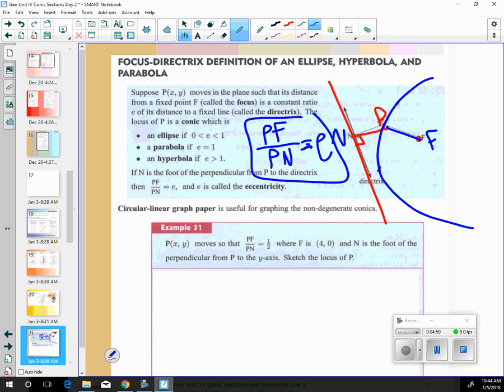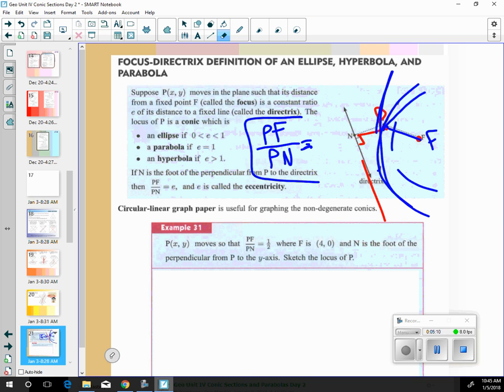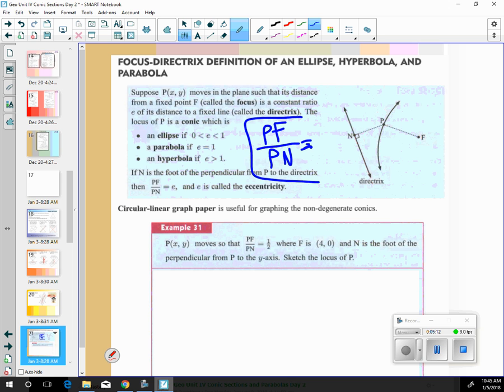I didn't draw that right, but it's kind of what you do. And that parabola, if you widen it out more, PF is going to be greater than this. Widening it out makes it a hyperbola. Shortening it up makes it an ellipse. But that's the distinction that we're going to make.